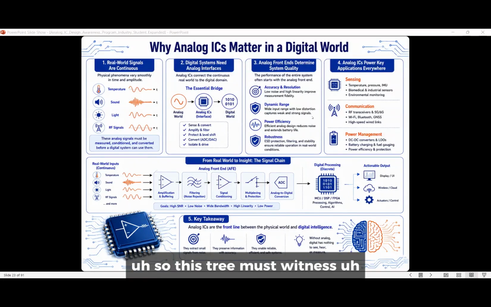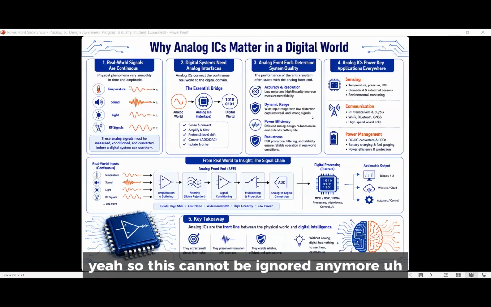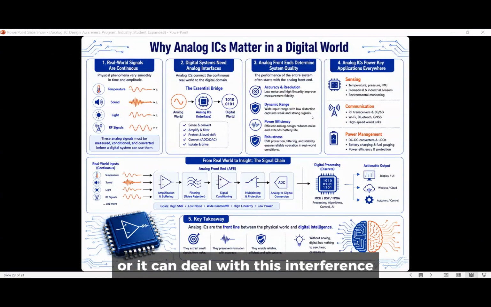So this chip must withstand a rich amount of electromagnetic interference from outer space. Yeah, so this cannot be ignored anymore for this chip. So this chip must be sufficiently strong to filter out this interference, or it can deal with this interference internally in the chip itself.